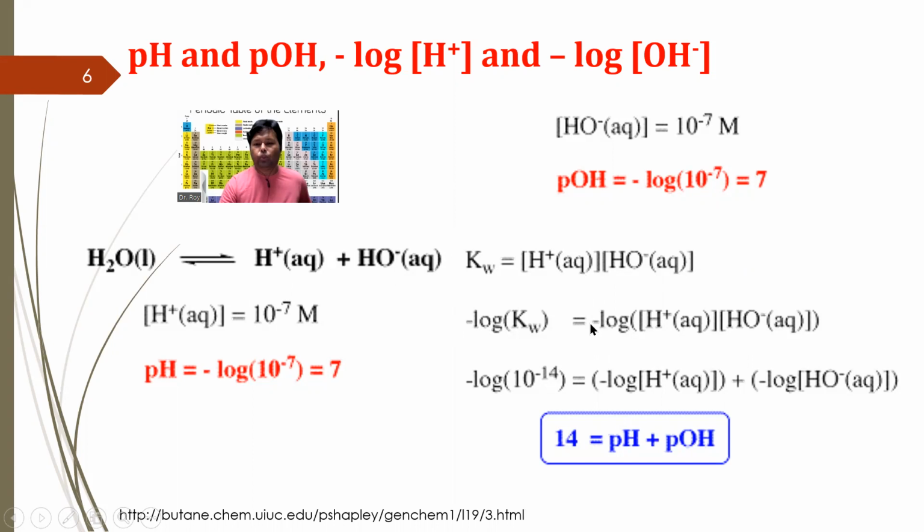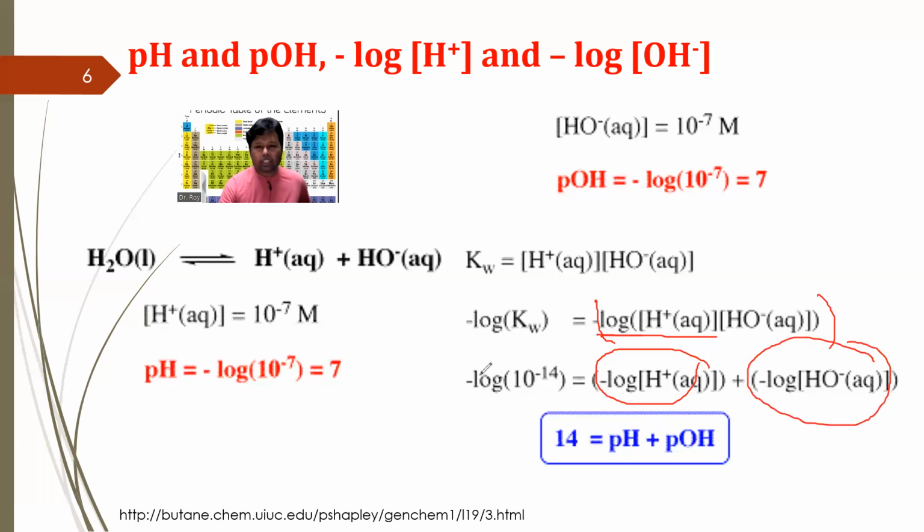As we have the log, if we distribute the log term, we have log H plus plus log OH minus. As we had one minus sign, we give the minus sign to both: minus log H plus minus log OH minus. This is the definition of pH, and this is the definition of pOH.